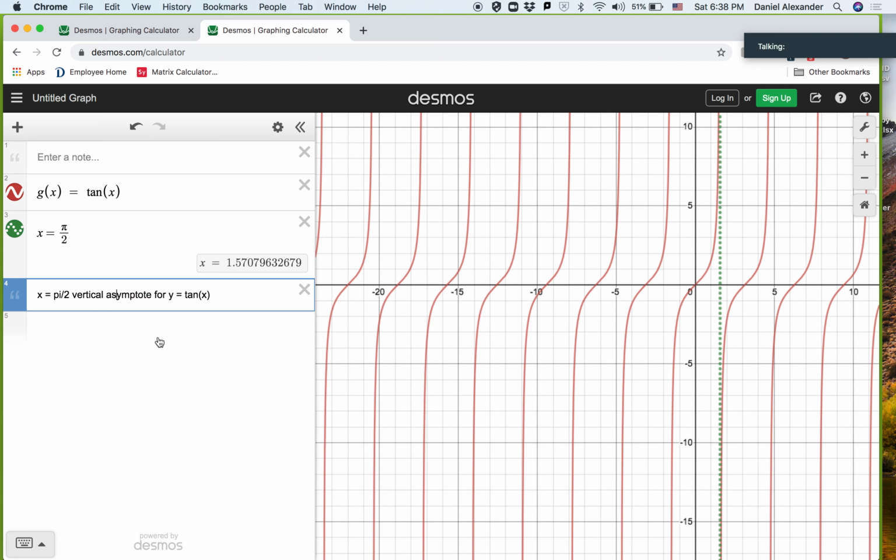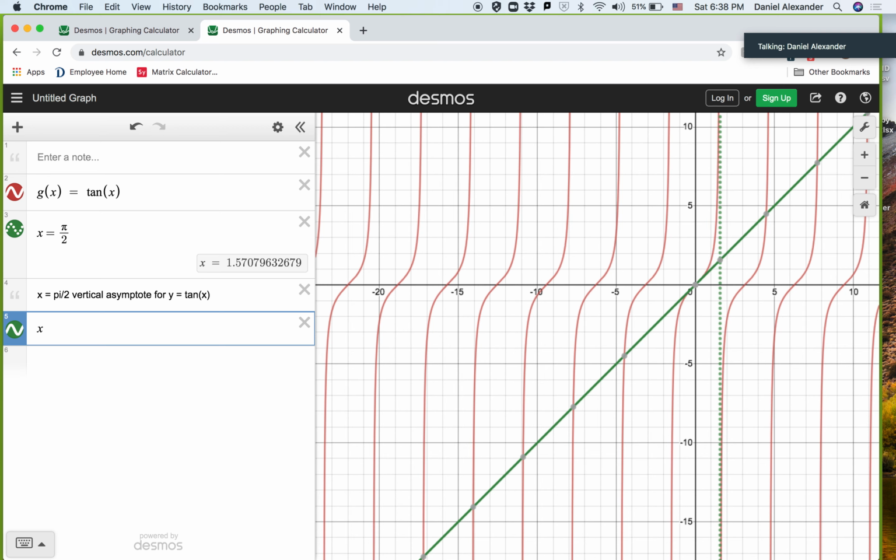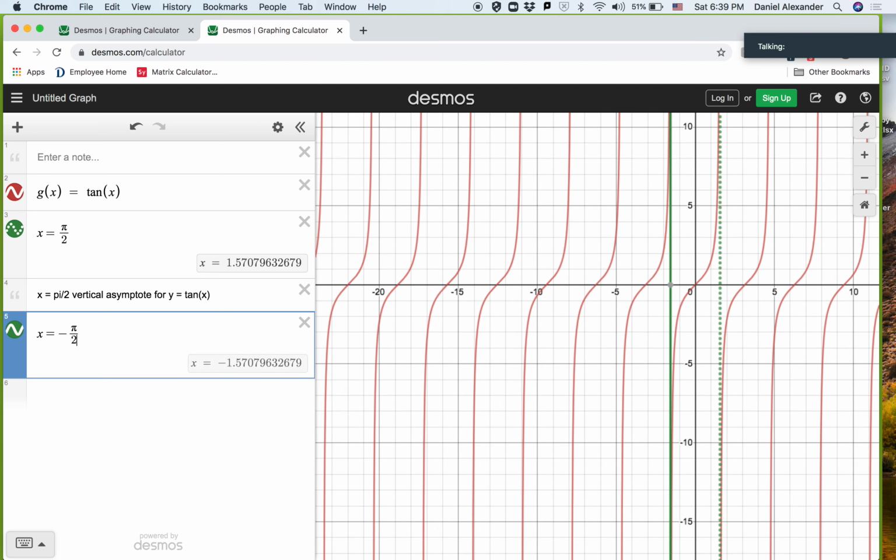Okay. And let's guess at what the vertical asymptote over here is going to be. You can probably guess it's going to be minus pi over 2, so let's see what happens. Make it dots. Okay.